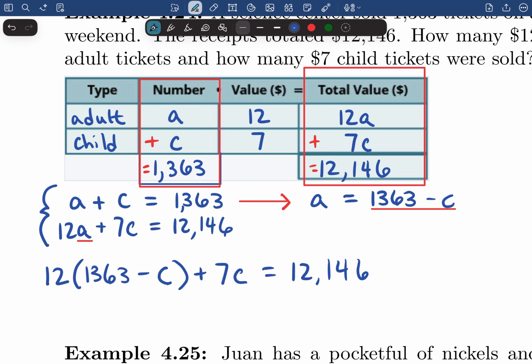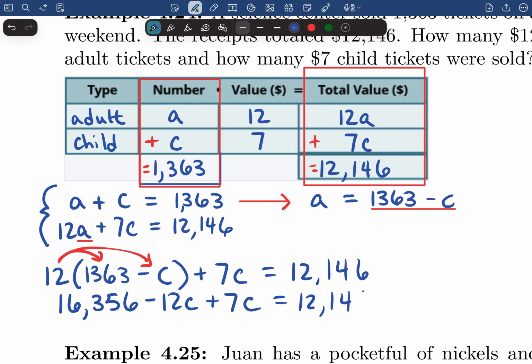Great. Now, this is an equation that only has one variable, C, and it's a linear equation, so I can solve it. We've discussed solution methods for linear equations on many occasions. I get 12 times 1,363, which is 16,356, minus 12C plus 7C equals 12,146.